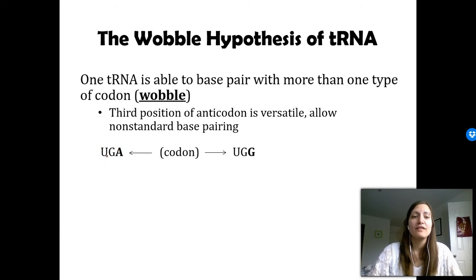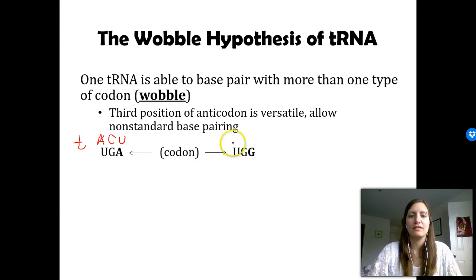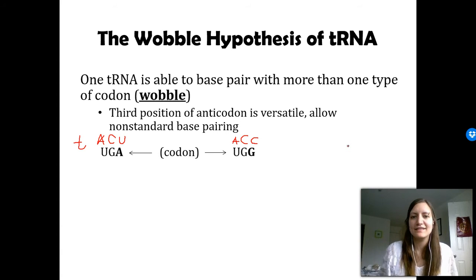We would expect the tRNA to say A, C, U, and if it came across this codon over here, we would expect it to say A, C, C. So 2 different tRNAs would be needed, one with an anticodon that says ACU, one with an anticodon that says ACC. But in actuality, our cells only have one type of tRNA. It doesn't have both an ACU and an ACC.